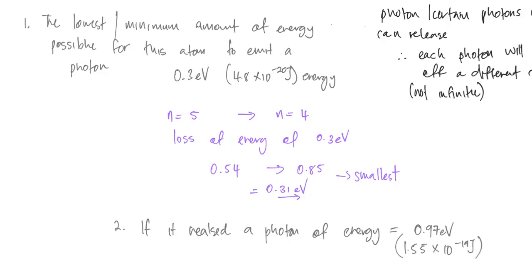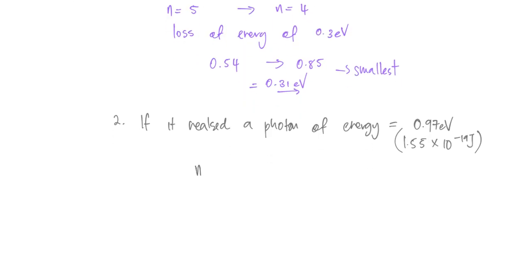So if I'm looking at N is equal to 5, it's sitting at negative 0.54. And what's going to happen now, it's going to release or give away 0.97. So minus 0.97, and that gives me negative 1.51.